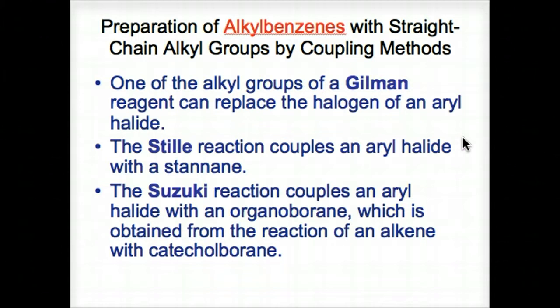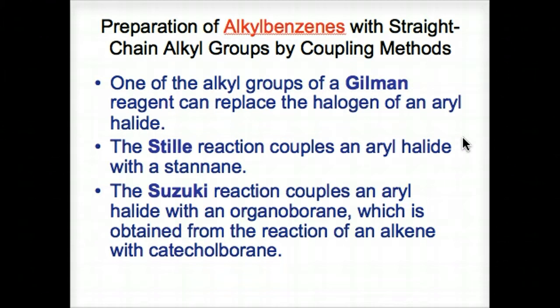These were covered in Chapter 10, reactions of alcohols, amines, ethers, epoxides, and sulfur-containing compounds. And we're going to see these on the subsequent slides in this series of slides from Chapter 15. We're going to look at the Gilman reaction and other reactions related to that one as we go through here.